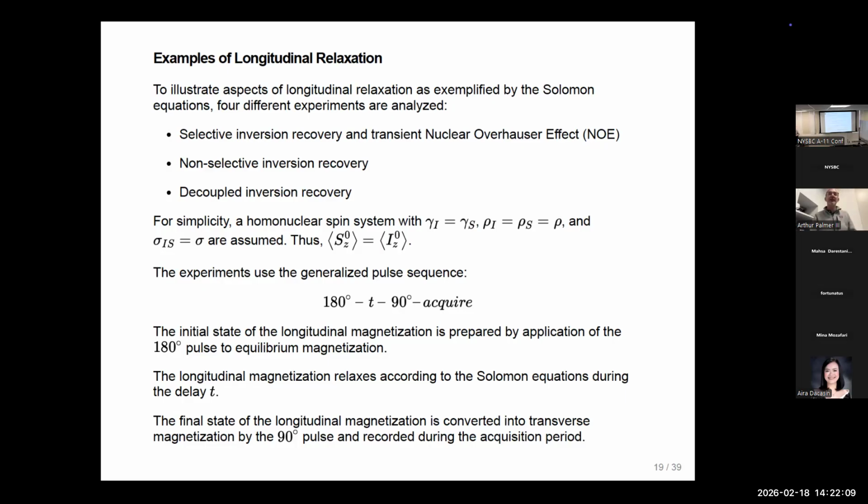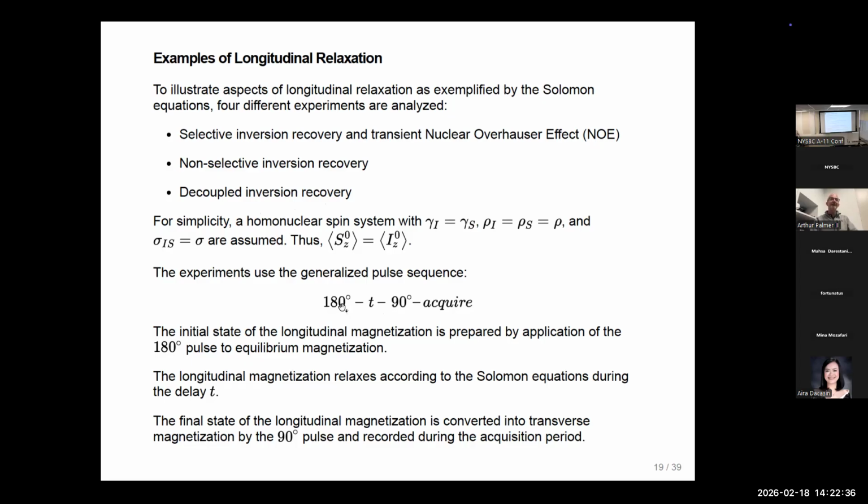Or I could saturate one and invert the other. There's all sorts of combinations. So they all have names: selective inversion recovery, transient NOE, non-selective inversion recovery, decoupled inversion recovery, where I saturate one spin. So it all depends on what's going on here.